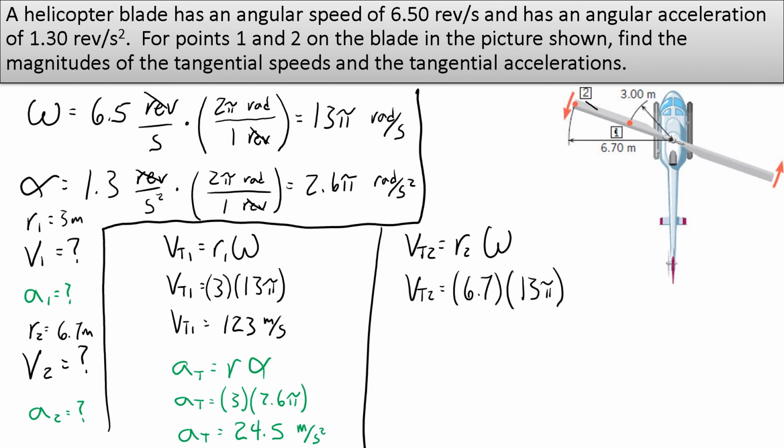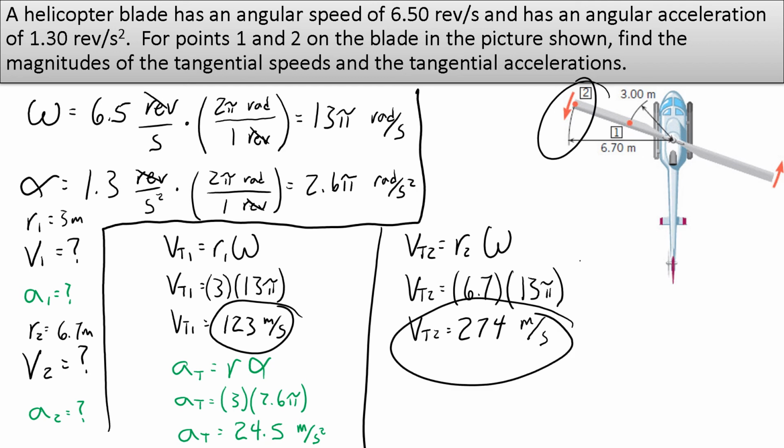Remember, it's a larger radius now, but we're moving with the same angular velocity like we talked about on the previous slide. And you get a value of 274. What are the units again for tangential velocity? It's meters per second. So hopefully you predicted that this would be a greater velocity since it's a larger radius.